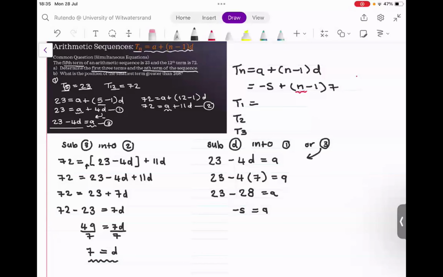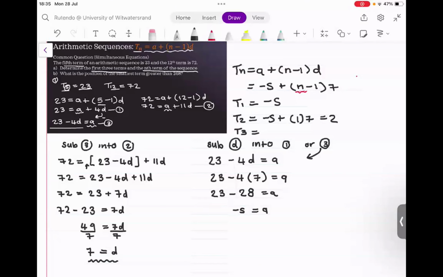So my first term is going to be minus 5, okay? Then my second term is when I substitute in 2 in there, so I'll have minus 5 plus 2 minus 1 is 1, multiplied by 7, so minus 5 plus 7 is 2.